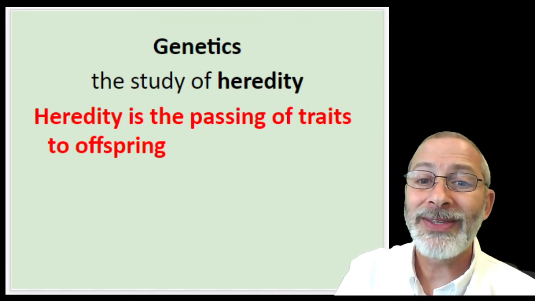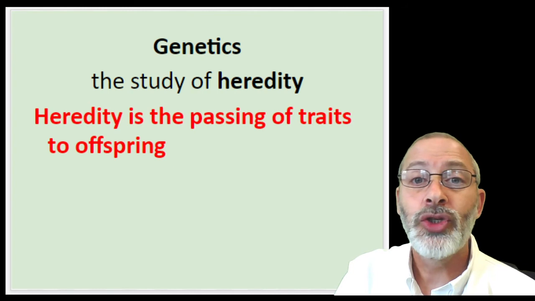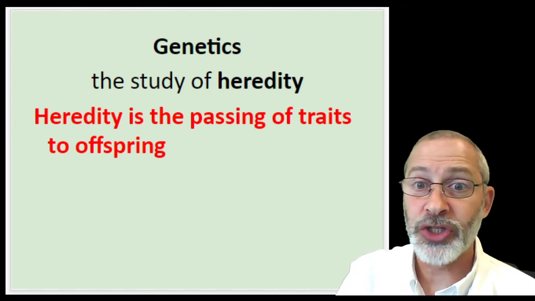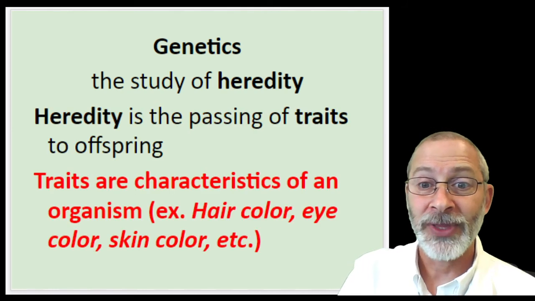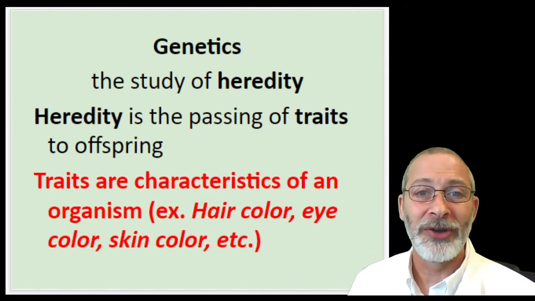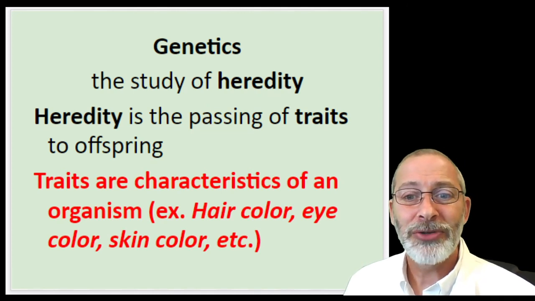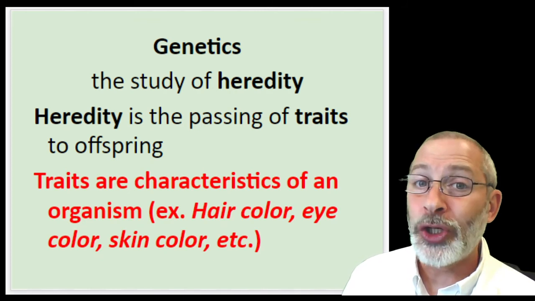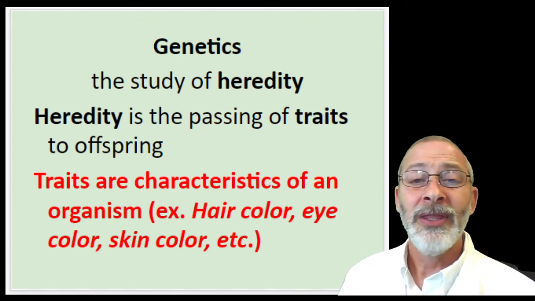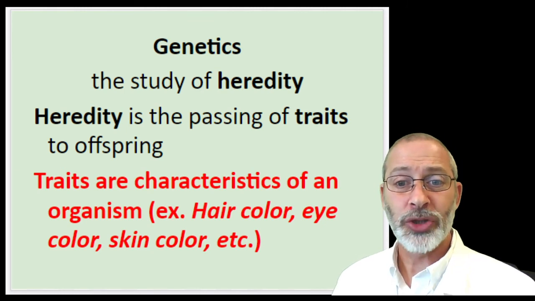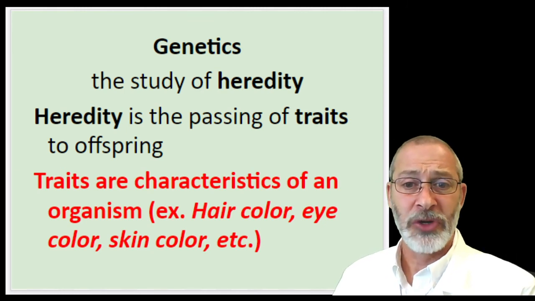Heredity is the passing of traits to offspring. And that begs the next question, what are traits? Traits are the characteristics that we've been talking about all along, the characteristics of an organism. And this isn't just pertaining to human beings, by the way. These are the traits of any organism.